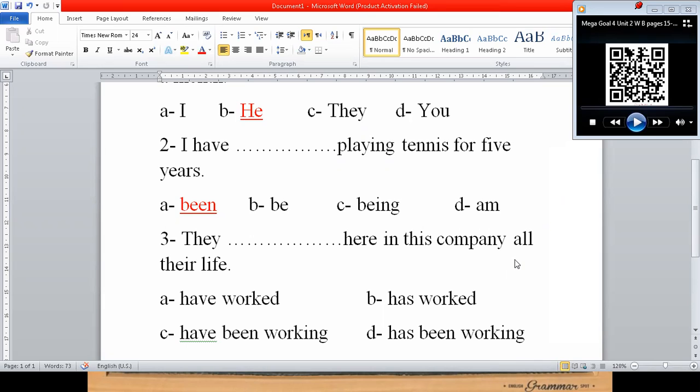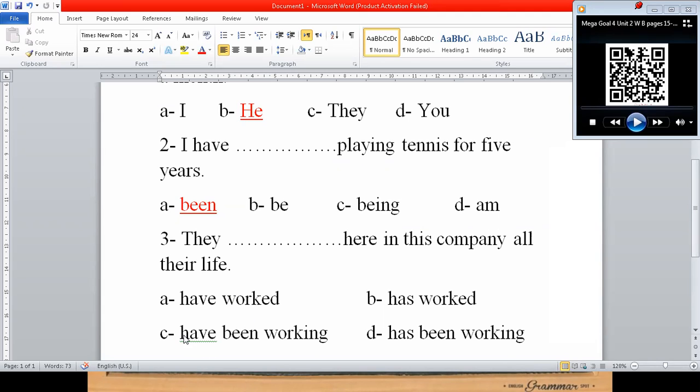Excellent, excellent. All their life. So we have to use the present perfect simple or present perfect progressive. Sorry, I didn't hear you, teacher. So Mohamed, we have to use the present perfect simple or the present perfect progressive here in this sentence. Progressive, teacher. Progressive. So what is the right answer? The right answer is number C, they have been working here.